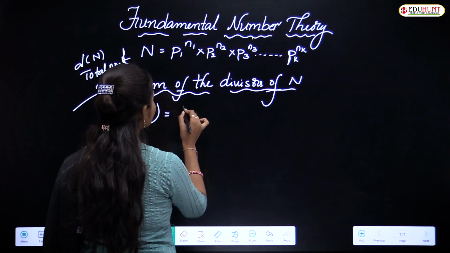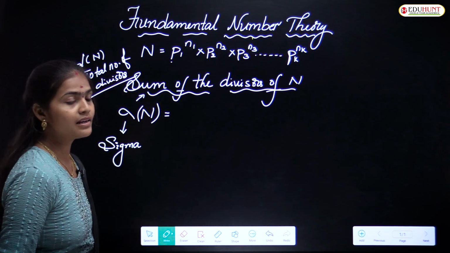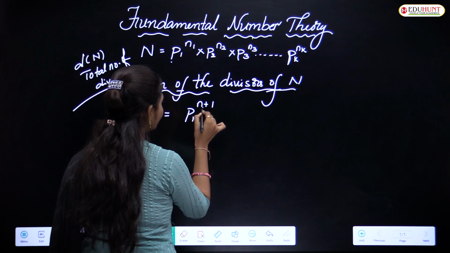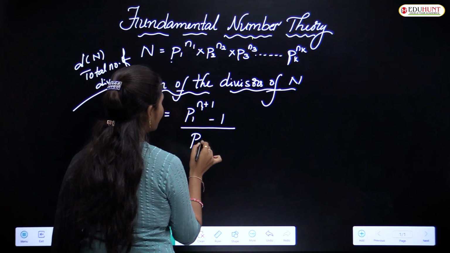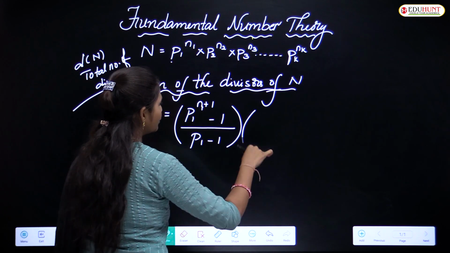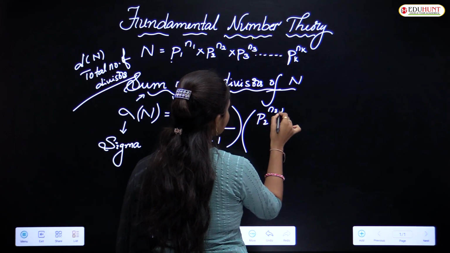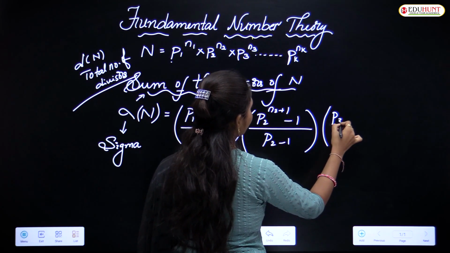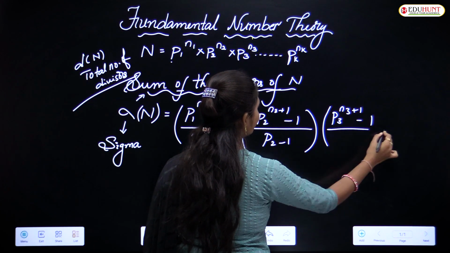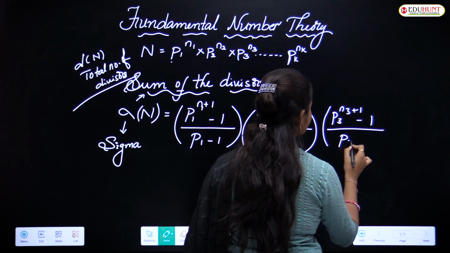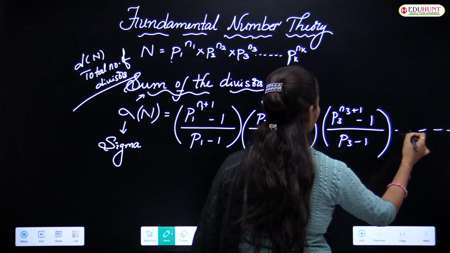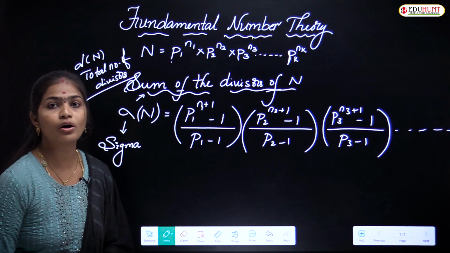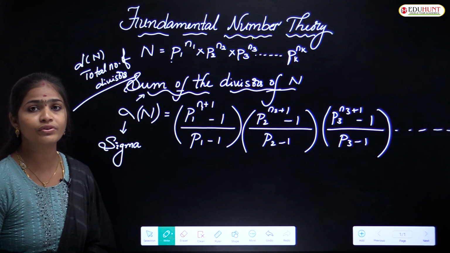Here the formula is, with p1 power n1 and so on: sigma of n equals p1 power n1 plus 1 minus 1 by p1 minus 1, into p2 power n2 plus 1 minus 1 by p2 minus 1, into p3 power n3 plus 1 minus 1 by p3 minus 1, and so on. This is the formula we have to use for the sum of all the divisors of a given number.